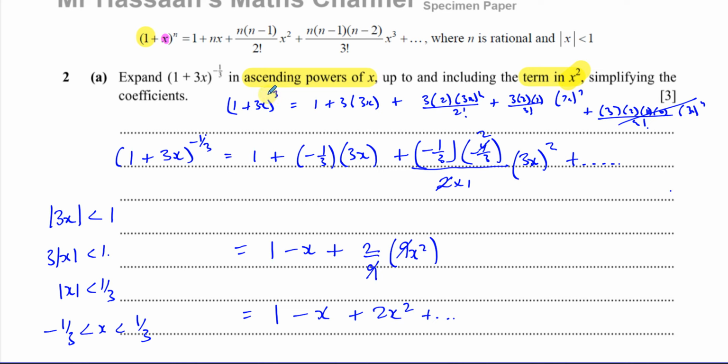But if this power is negative or fractional, you will never get to 0. So even, for example, if it was a half, you would have 3 times a half. So you have 3 times the x value. Then you'll have a half times the x value. Then you'll have a half times 1 minus a half minus 1. So you'll have a half times minus a half.